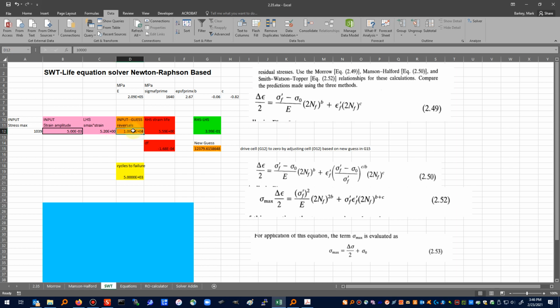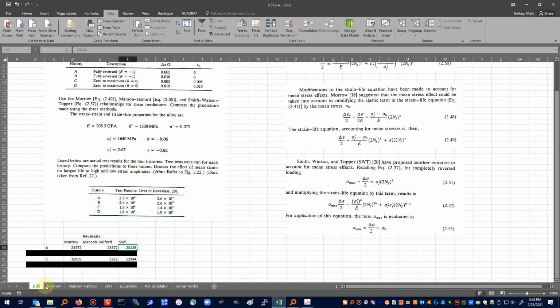If I said cycles earlier, I should have said reversals. I'm doing my Newton-Raphson iteration. Looks like I get 12,944. Okay, so 12,944.